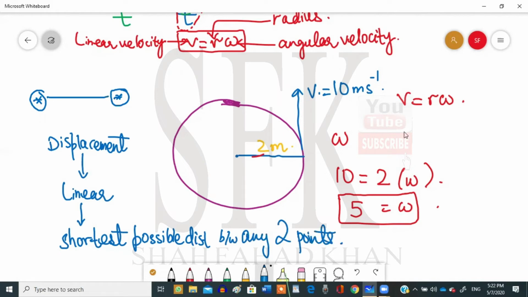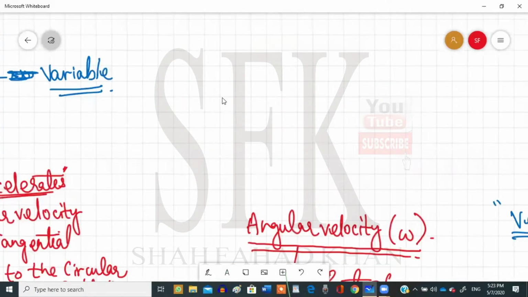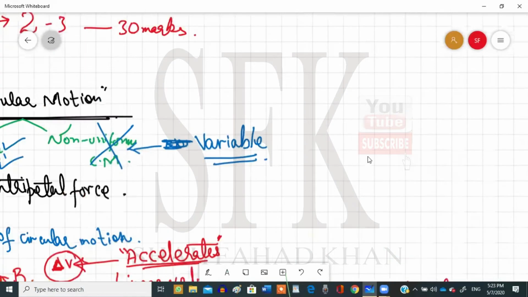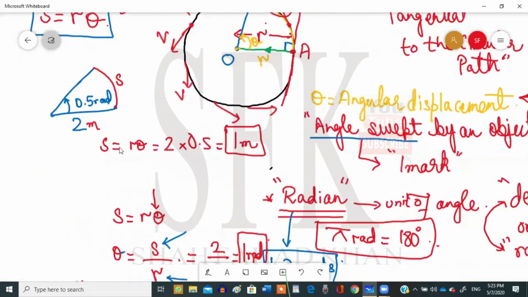But angular displacement is the angle which is covered. We defined the angular displacement in the very beginning, right here.